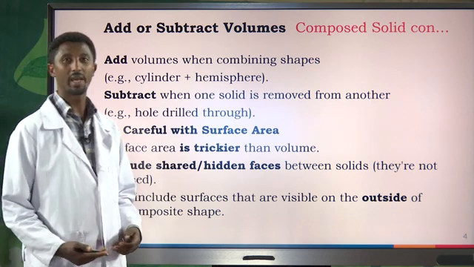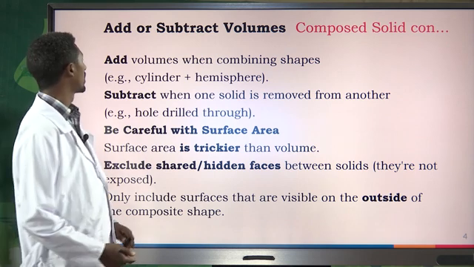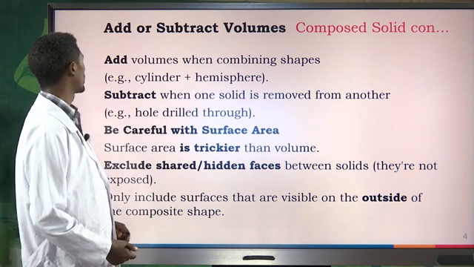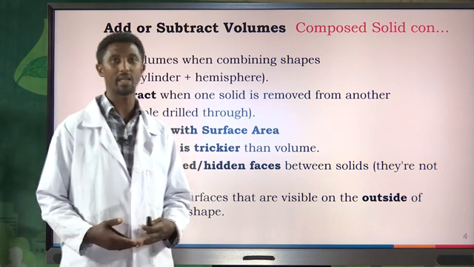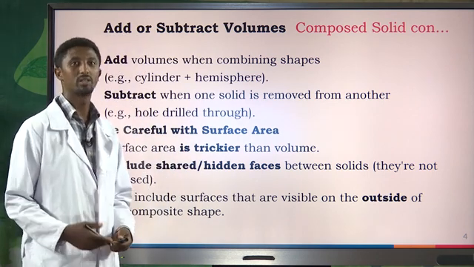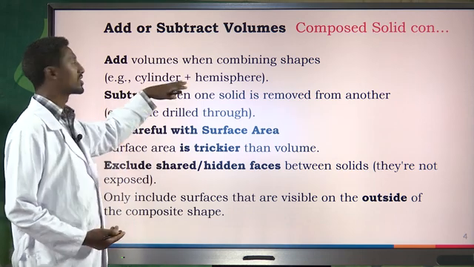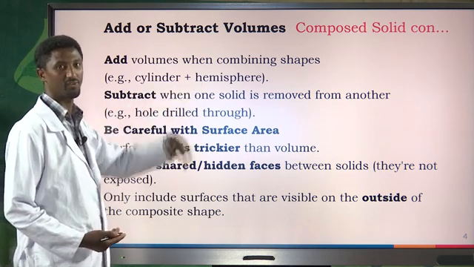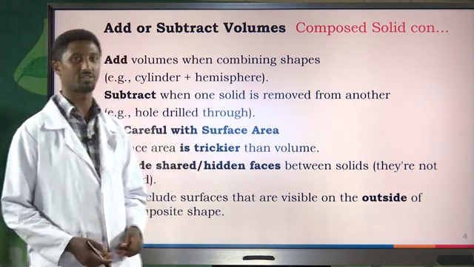So when we add or subtract volumes of composite solid figures, we'll add volumes when combining shapes. When we combine two or more solid figures, we'll add the volume of each solid figure. Like if a cylinder is combined with a hemisphere, we'll add the volume of the cylinder and the hemisphere.